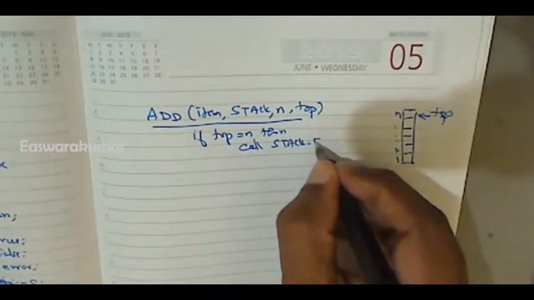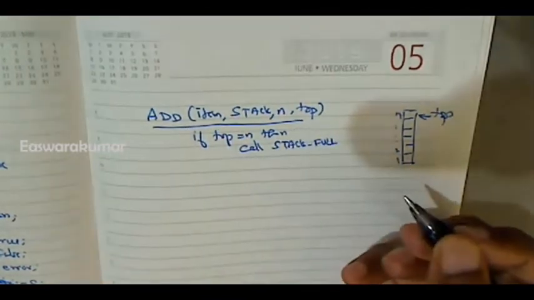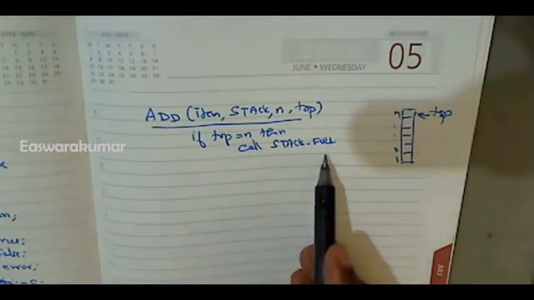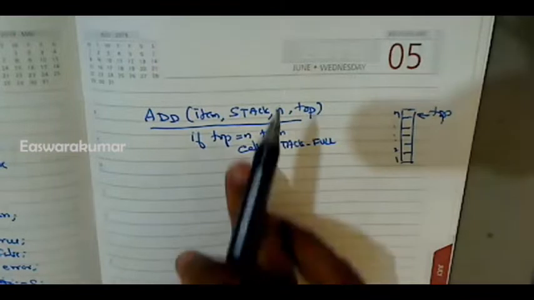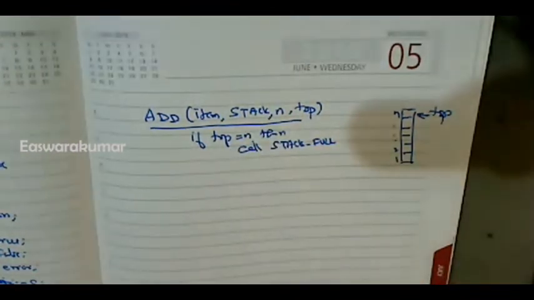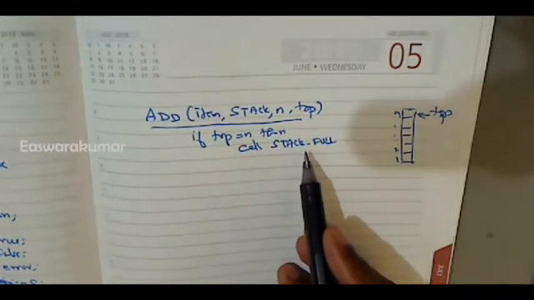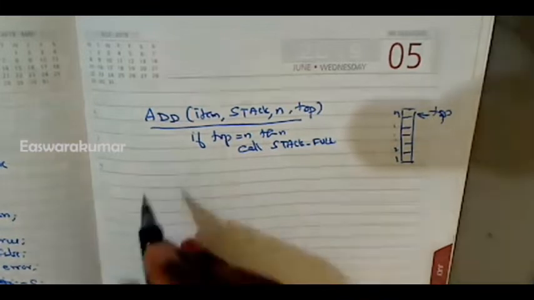This is only a function, something like printf in normal C language. So we say that the stack is full like that. Here we are calling the function, which will return the message.